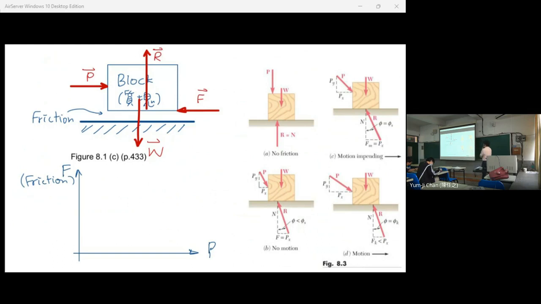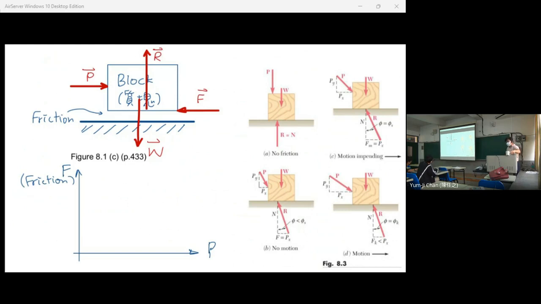Let's talk about when P is very small first. Let's say we have friction here. I put my cup here, so it is at rest on the floor.